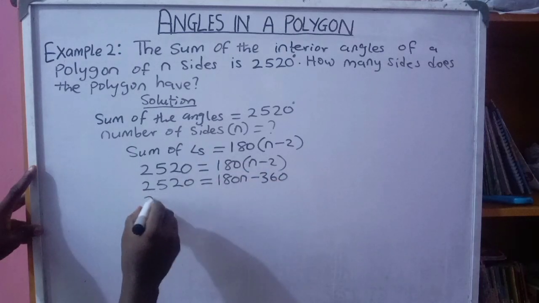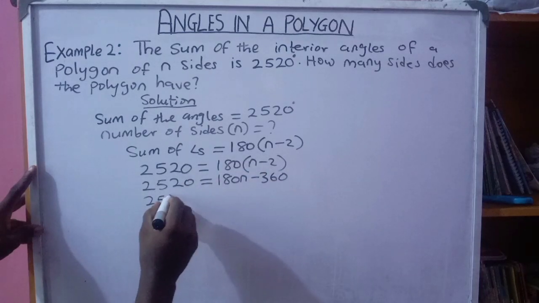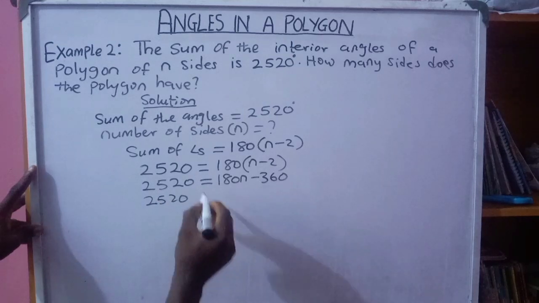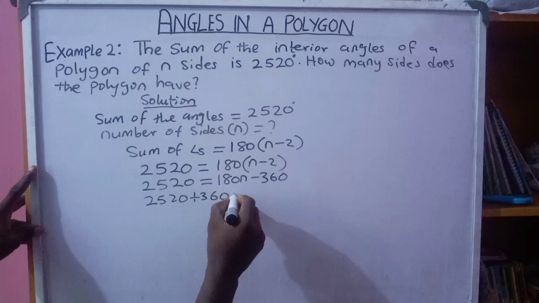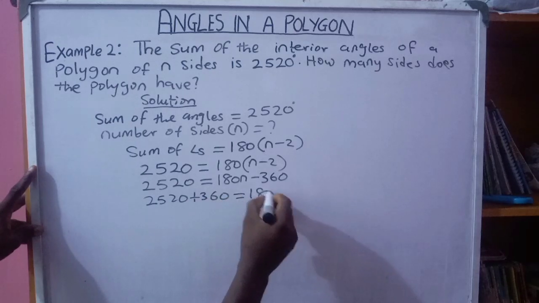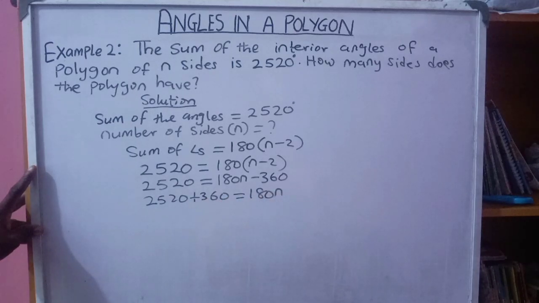We have 2,520, then minus 360 coming over here becomes plus 360, equal to 180n, and we've just collected like terms. So when we sum these two together, what will it give us? That will give us 2,880.